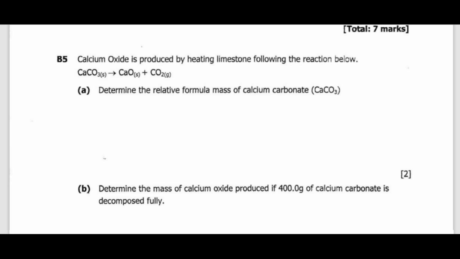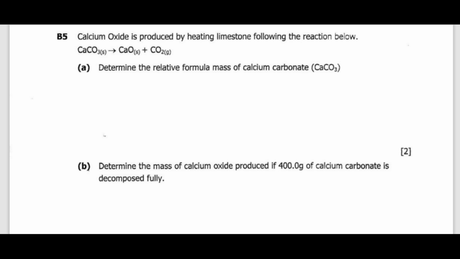Then for question 5, calcium oxide is produced by heating limestone following the reaction below. Determine the relative formula mass of the calcium carbonate. So relative formula mass is just Mr. For calcium carbonate, there is 1 atom of calcium, 1 atom of carbon, 3 atoms of oxygen. So we'll say calcium multiplied by 1 plus carbon times 1 plus oxygen times 3.